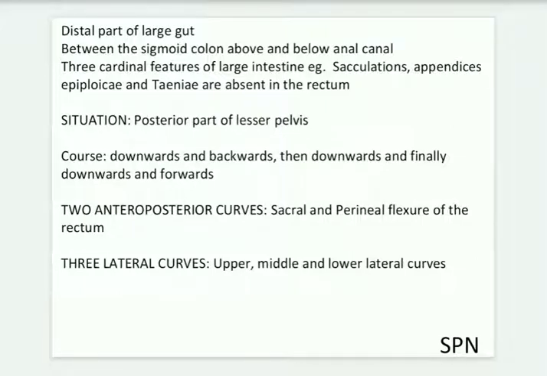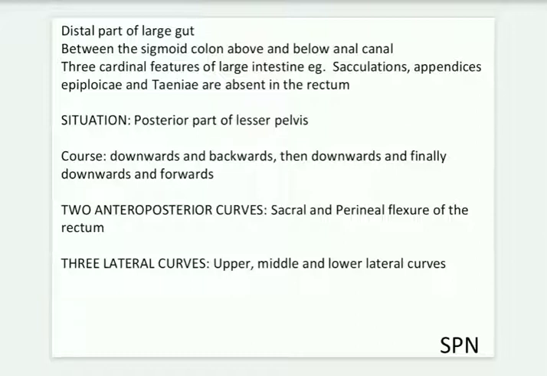There are three cardinal features of the large intestine: sacculations, appendices epiploicae and taeniae. Sacculations are the rounded pouches, and appendices epiploicae are fat-filled tissue. Sacculations, appendices epiploicae and taeniae are absent in the rectum. You can remember SAT.